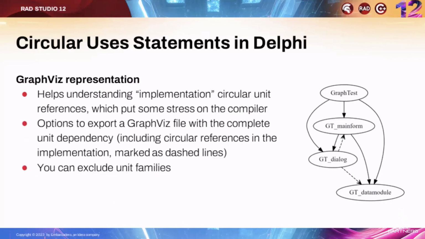Small last thing, but quite handy, we are introducing a new feature to generate a file with all of the unit dependencies, whether it's interface-based unit dependency, which are depicted here with the strong line, or an implementation-based unit dependency, which are depicted with the dashed line. So the idea is you add this flag into your compilation, you get a file.